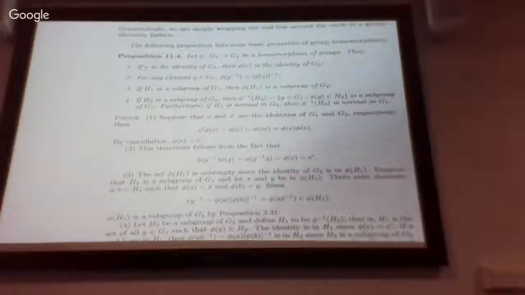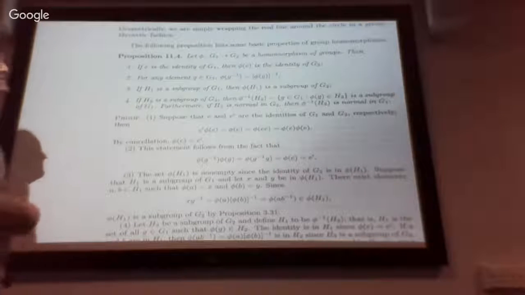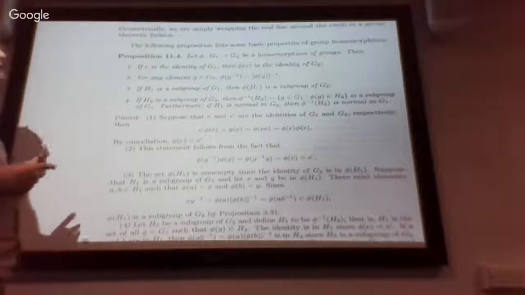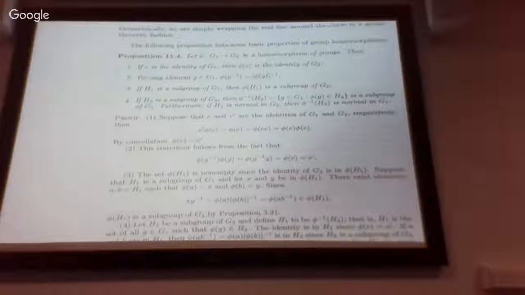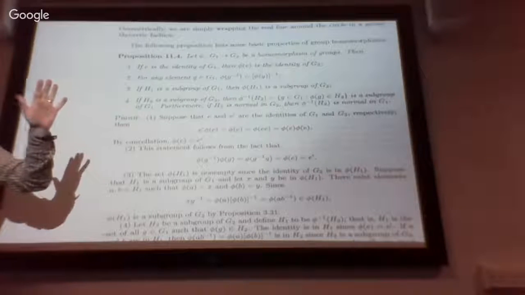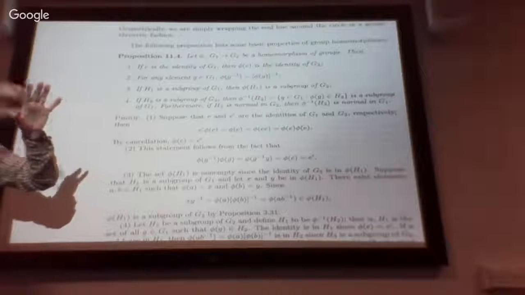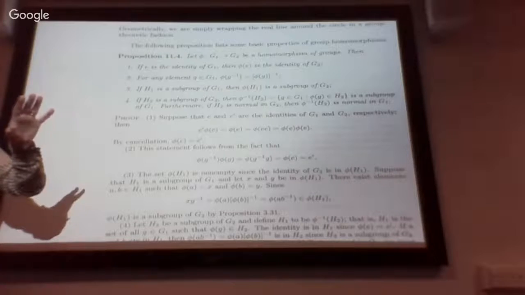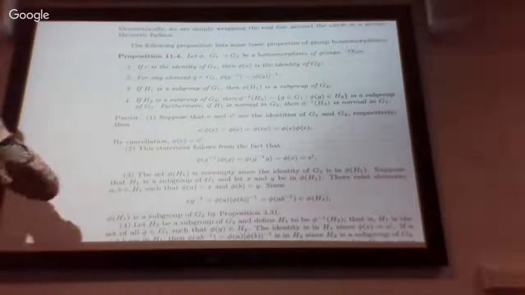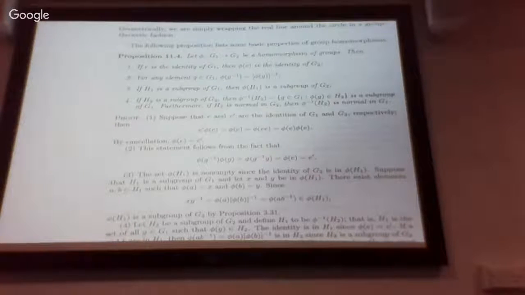You look at everything that got sent into that subgroup. It turns out, and we proved it last time, that this has to be a subgroup of G1. So if you look at the subsets of G1 that are mapped onto subgroups in G2, those sets have to be subgroups themselves. Again, that's mapping subgroup structure to subgroup structure to some extent.